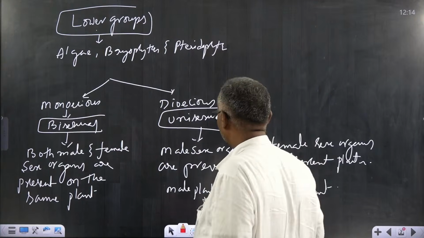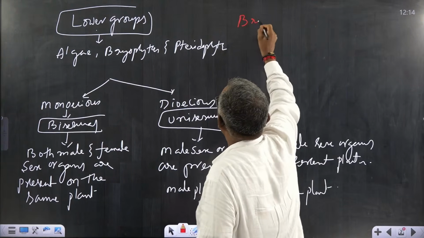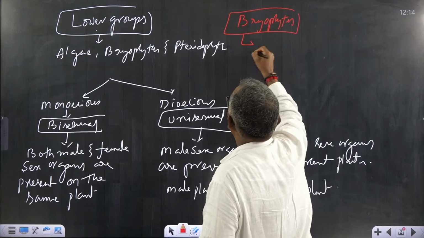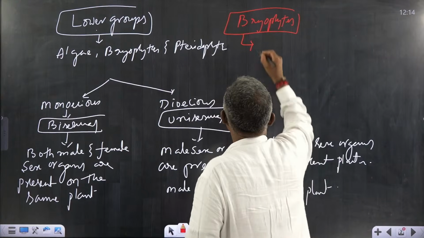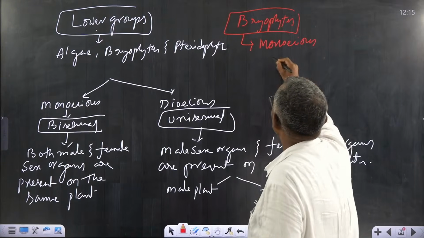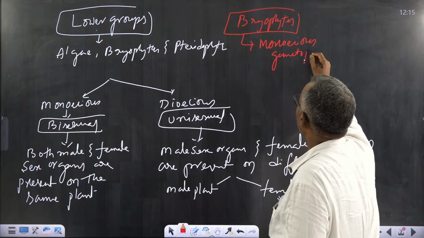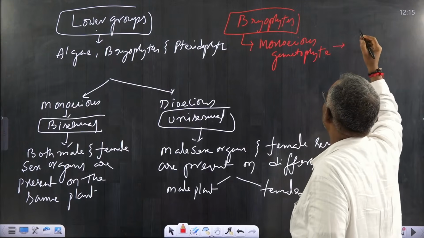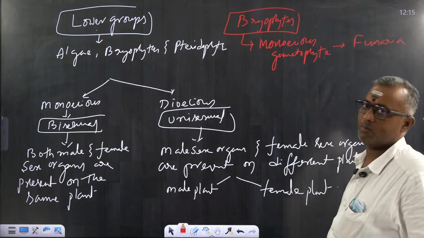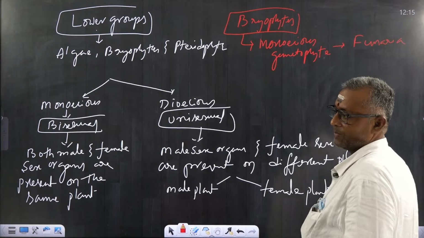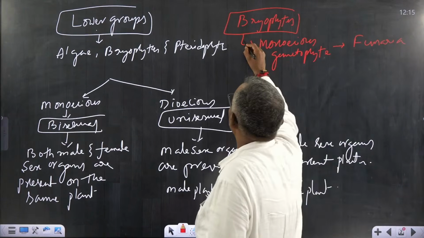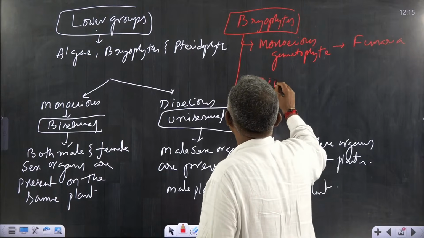Examples of monoecious gametophytes are Funaria, or simply all moss plants: Funaria, Sphagnum, Polytrichum, etc. And we also have dioecious gametophytes here.